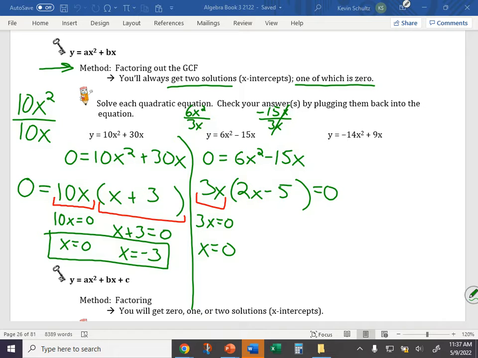This one is a little bit trickier. 2x minus 5. What value for x makes 2x minus 5 equal to 0? Not quite as much of a mental calculation as it was here for x plus 3. But what method could we use to solve this? If we want to know what x value makes this equal to 0, we set it equal to 0, and what do we do?